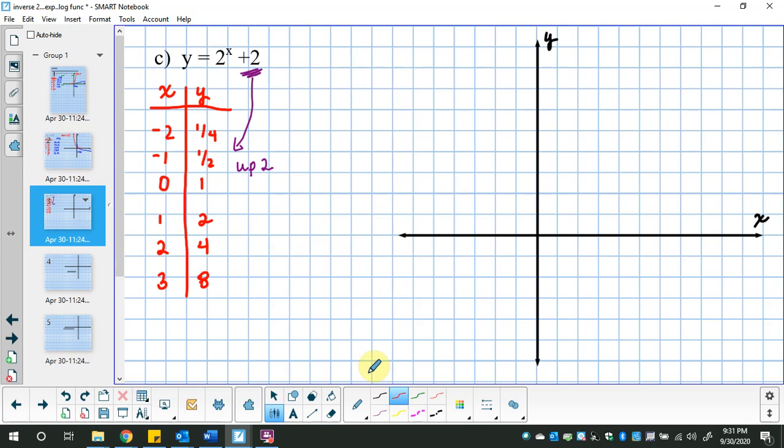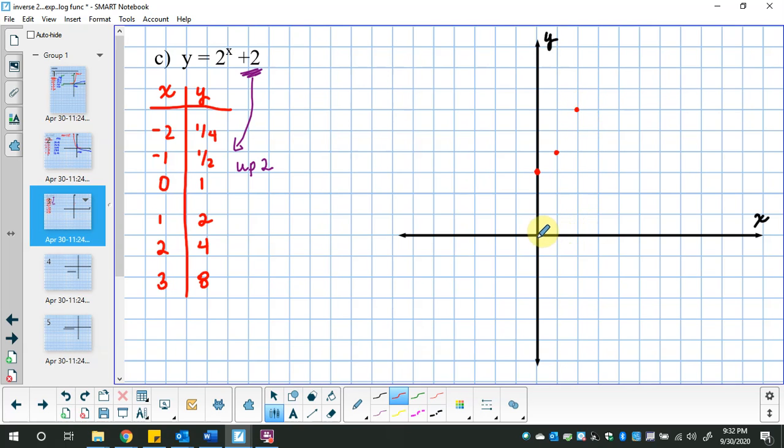So, as I said, 0, 1 is here, but I have to take it up 2. Let's see if this fits. 1, 2 is here, but I have to take it up 2. 2, 4, then up 2. So it should be there, but I have to go up 2.